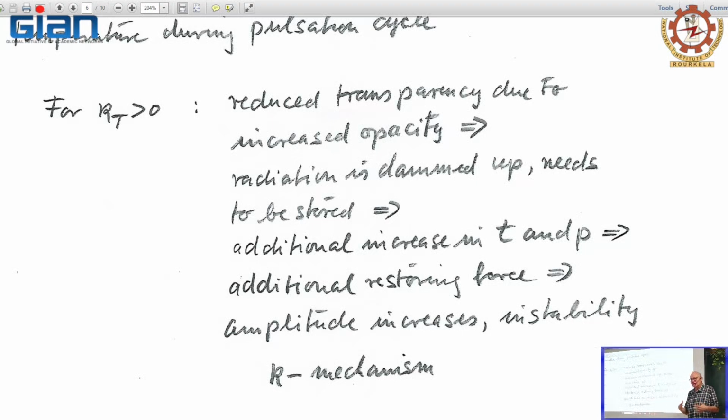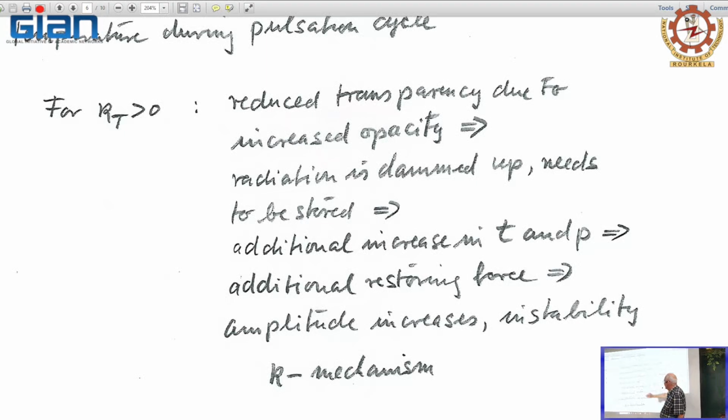That means that the radiation coming from the interior is dammed up at such a zone and needs to be stored somewhere. So radiation comes from the interior. Opacity is increased in the phase of maximum compression, so it has to stay there. That means the heat has to be deposited in the corresponding mass element.